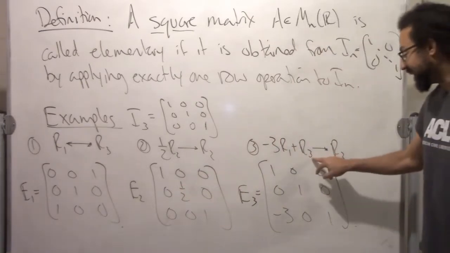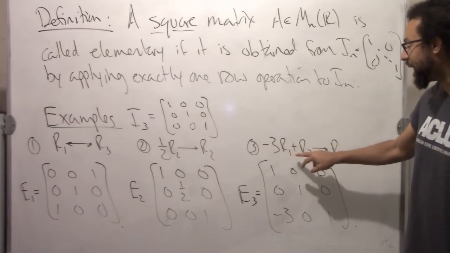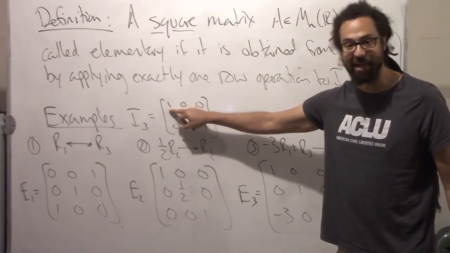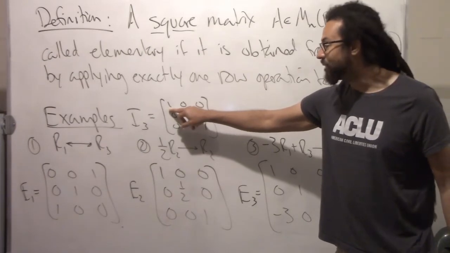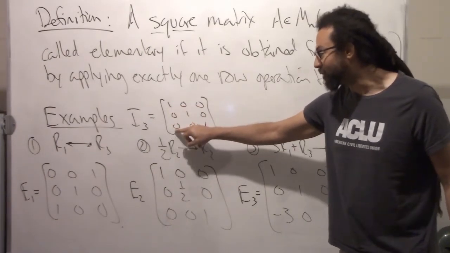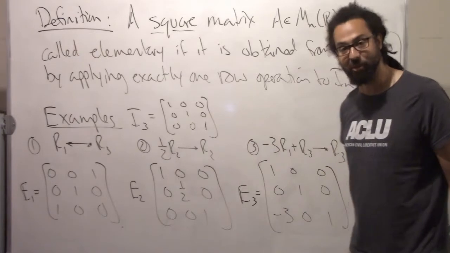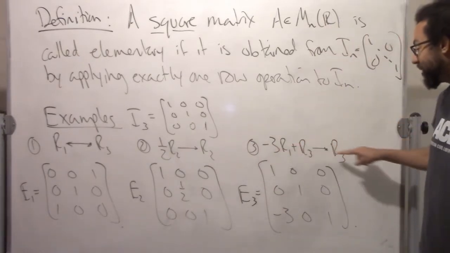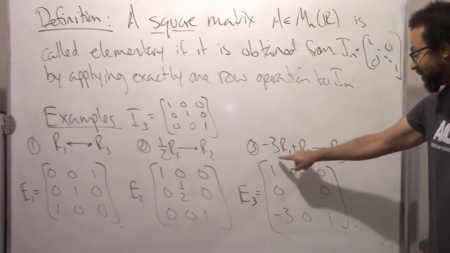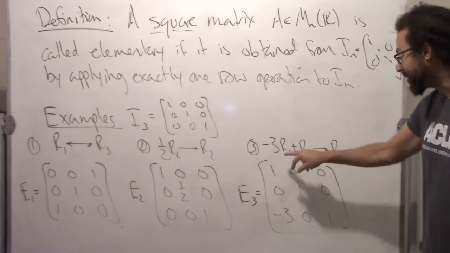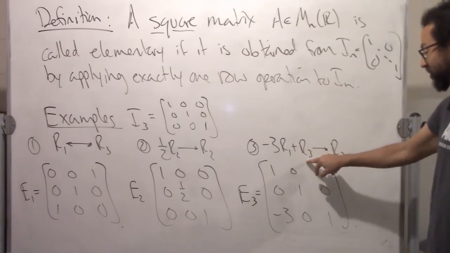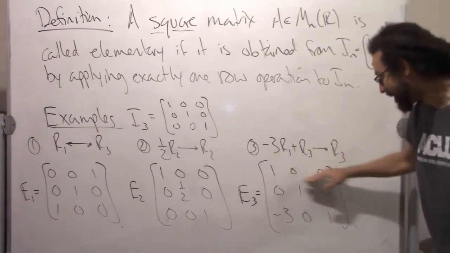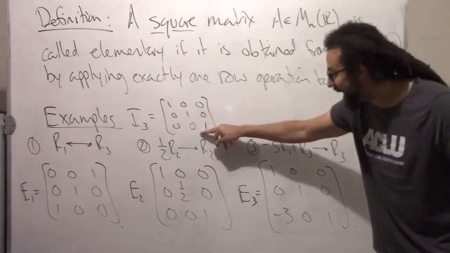And then finally, applying the row operation, multiply row 1 by -3, add that new row to row 3 and replace row 3 with that new thing. So here's the elementary row operation in symbols. We're going to add -3 times row 1 to row 3. So take row 1, multiply by -3, and then add it to this thing.